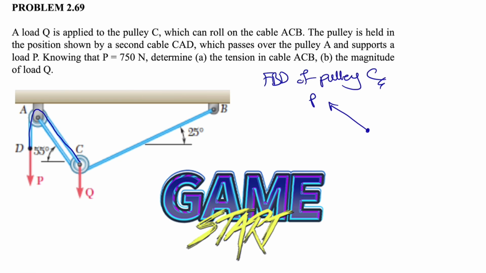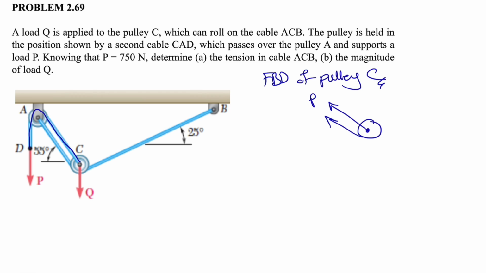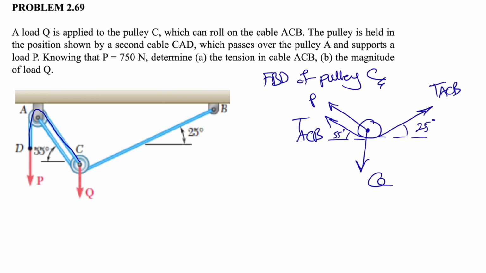Okay, let's start with the free body diagram of pulley C. As I mentioned, we have the force P, which is coming from cable CAD. We have another force, which is the tension in the cable, T_ACB, one of the unknowns, and we also have the same tension T_ACB on the right side of the pulley, and we have the force Q applying at the center of the pulley.